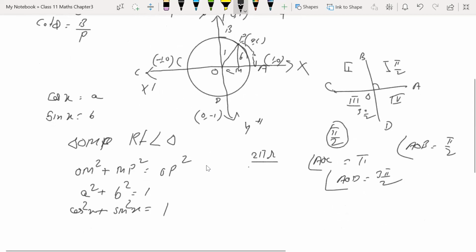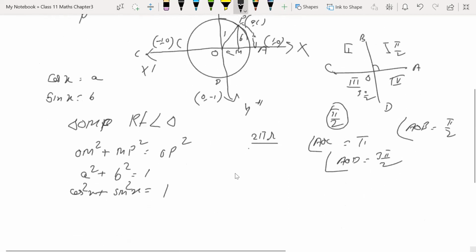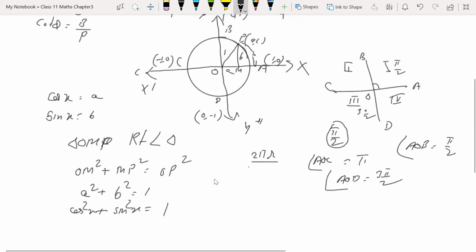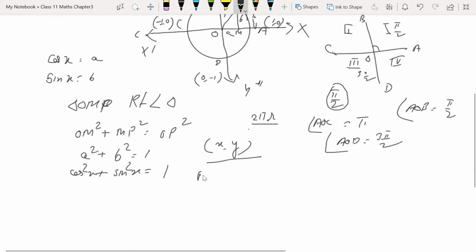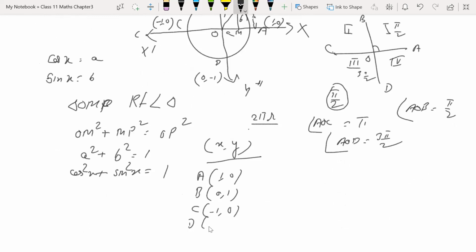Therefore, for quadrantal angles we have the coordinate points: at A 1, 0, at B 0, 1, x is 0, y is 1, at C -1, 0, at D 0, -1.